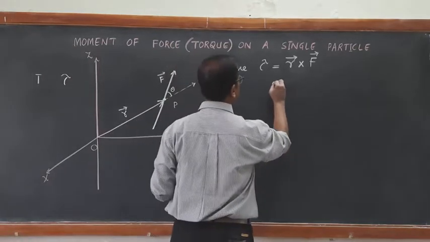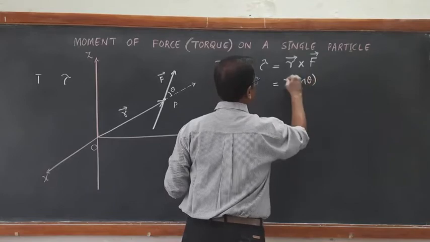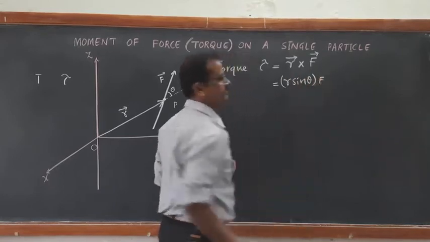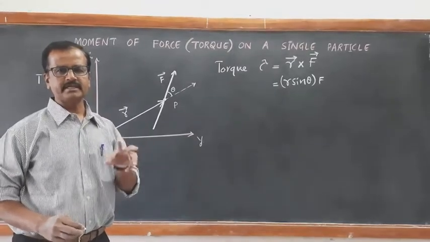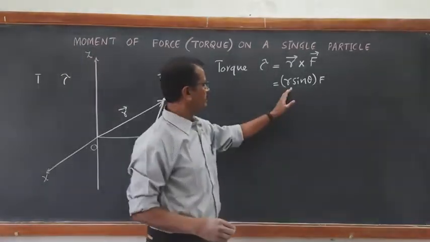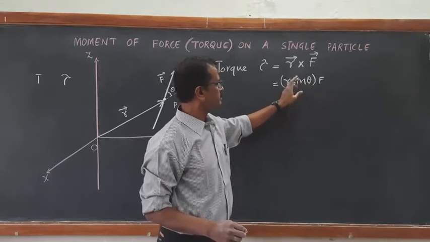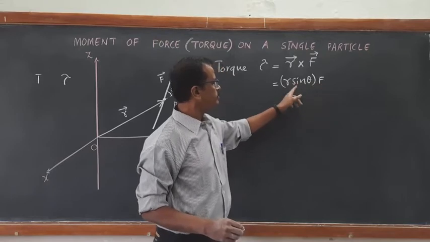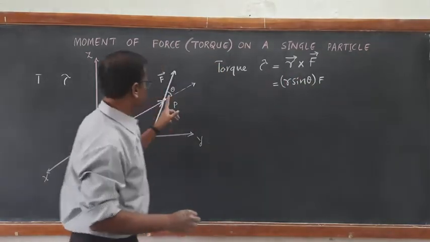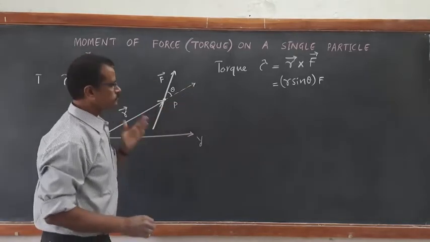Then I can write this as R sin theta into F. By definition, A cross B equals AB sin theta, or A sin theta into B. So I am writing R sin theta into F, where R sin theta is magnitude of R, magnitude of F into sin theta, the sine of the angle between force vector and R vector.